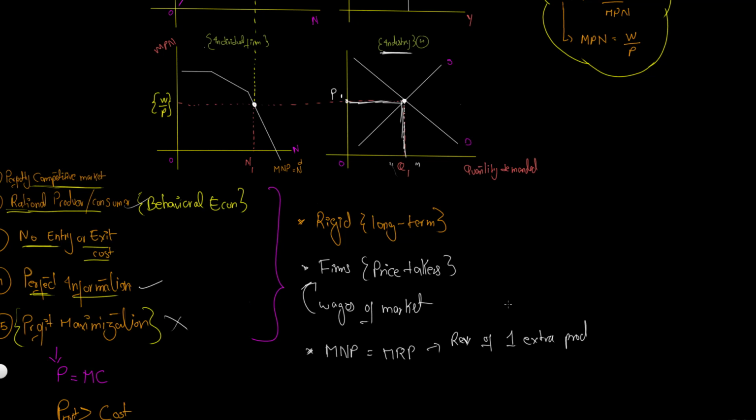Since this is a perfect market, and since the wages in the economy are the same as the prices in the economy, therefore the cost in the economy is the same as the profit earned. Since this is a perfectly competitive market, all firms earn normal profit.